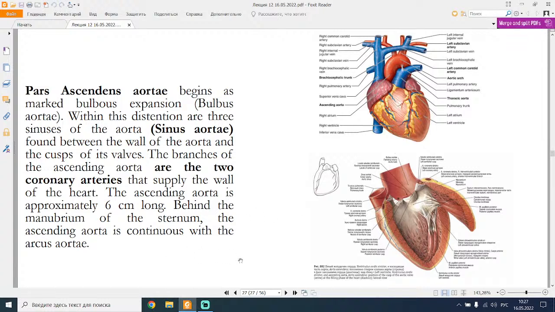The branches of the ascending aorta are the two coronary arteries that supply the wall of the heart. The ascending aorta is approximately 6 centimeters long.